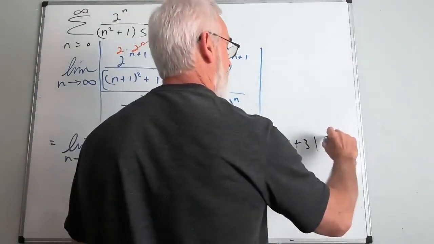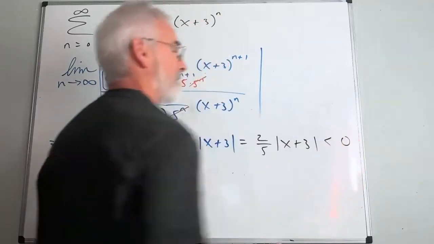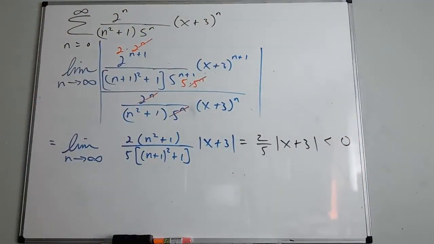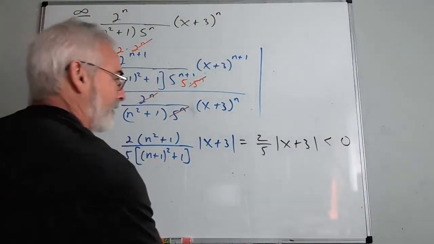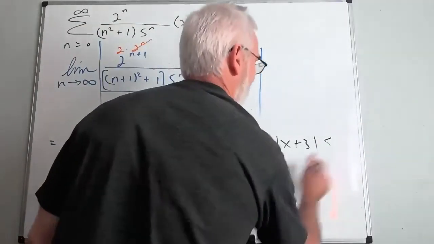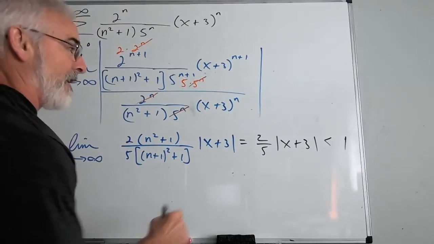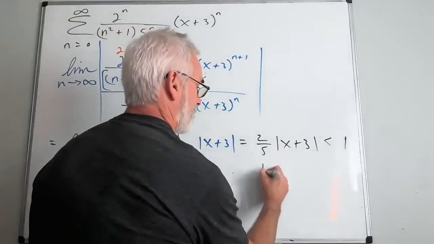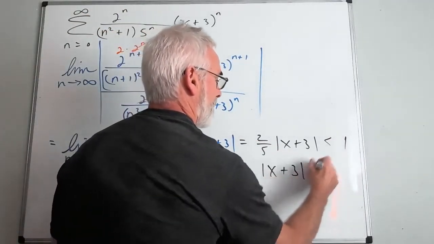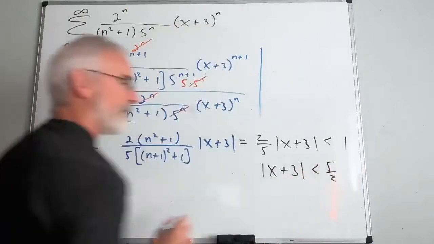And I want to know, when is this less than 0? I'm sorry, not less than 0. It's never less than 0, right? Less than 1. Well, I've got to get rid of this guy. So that would be absolute value of x plus 3 less than 5/2.